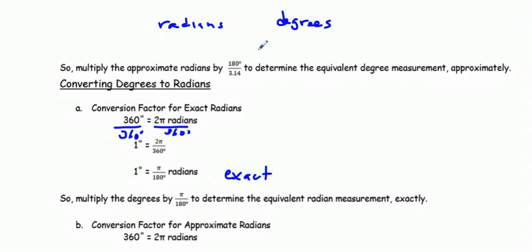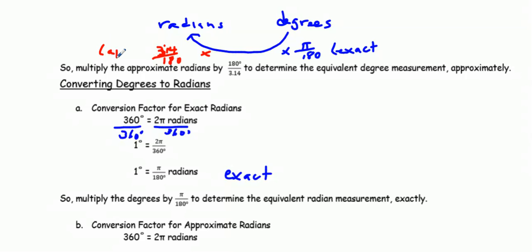If we want to go from degrees to radians, we multiply by pi over 180. That's the exact. Or you can multiply by 3.14 over 180, that's the approximate.